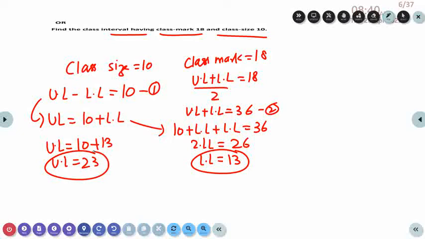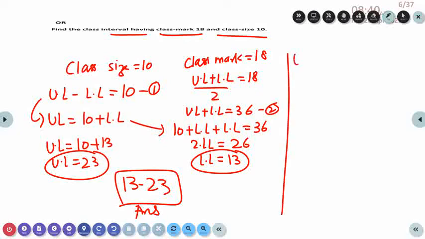We have an alternate solution also to this question. Whenever for any class interval, class mark and class size are given, then we can now substitute these values in b square minus 4ac. So b square will be minus 2 in brackets mp plus nq whole square, minus 4, a is m square plus n square and c is p square plus q square.